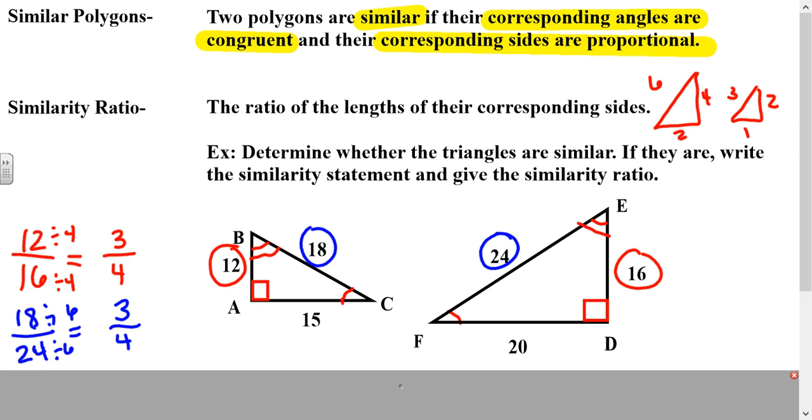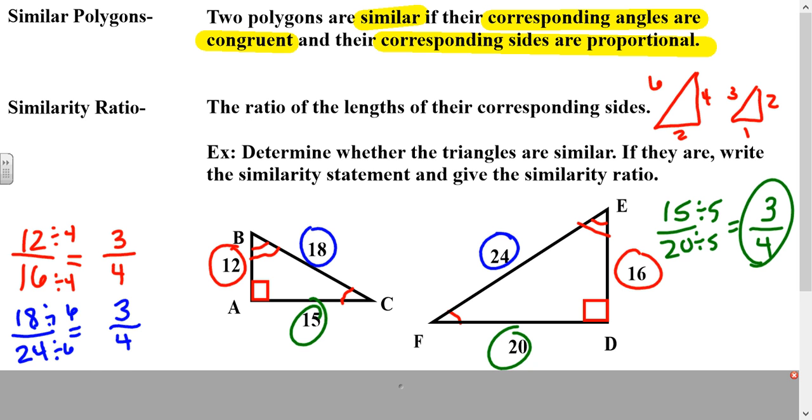Again, so far so good. So now I'm going to take the last pair of sides, 15 and 20, so 15 over 20, and I can divide each of those by 5, so I get 3/4. So because all of these numbers are the same, I know that my corresponding sides are proportional. They're all multiplied by 3/4 to get the other triangle.